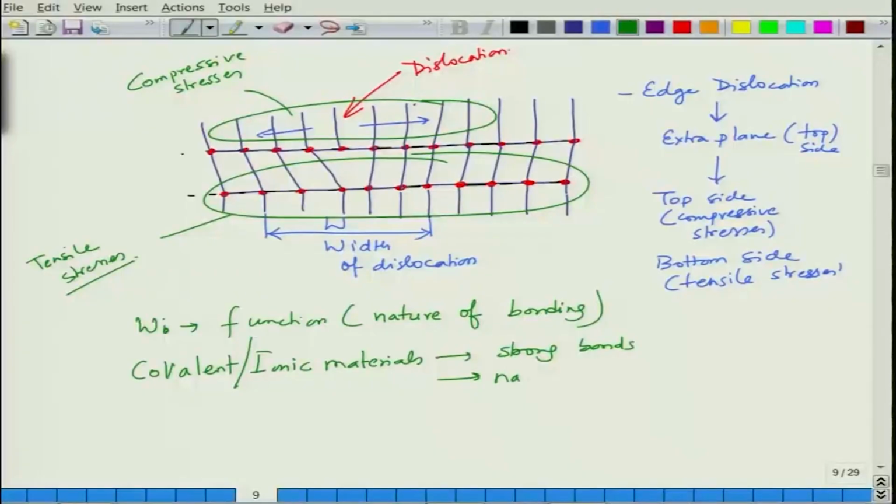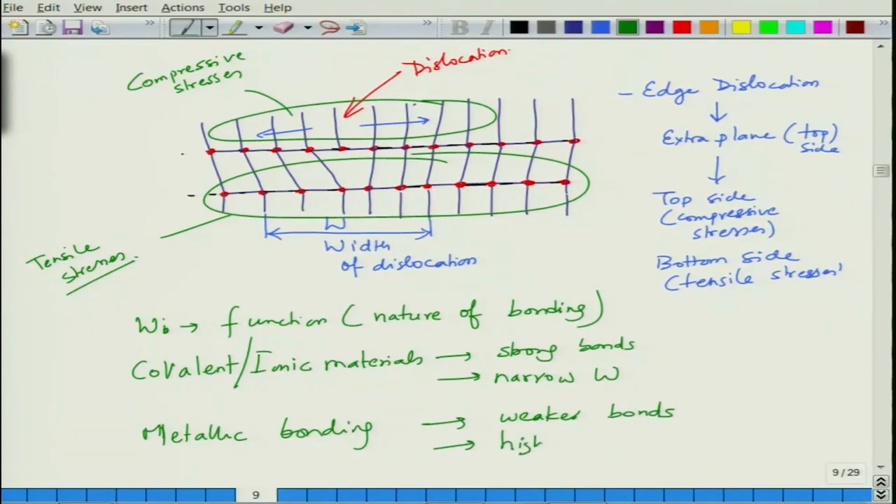As a result you have narrow W. If you have metallic bonding, whose bond strength is lower, this will lead to weaker bonds, and as a result you will have larger W, or you can say a wide region.